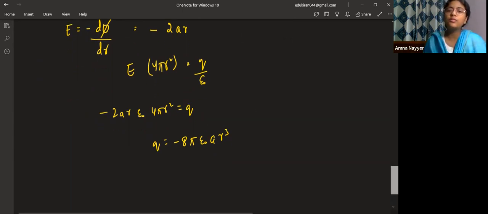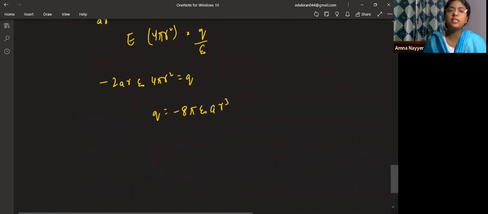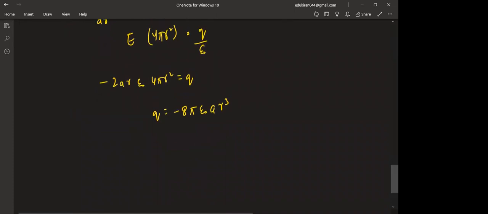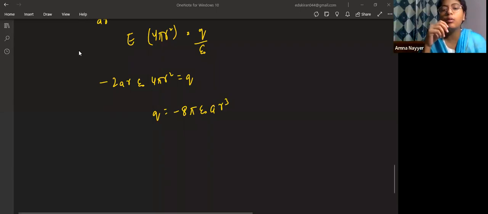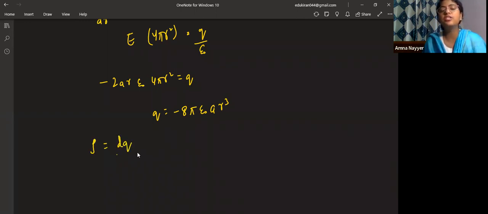Now, what is the value of volume charge density? Volume charge density is change of charge with respect to volume, right? Charge divided by volume, that is what we are going to write.